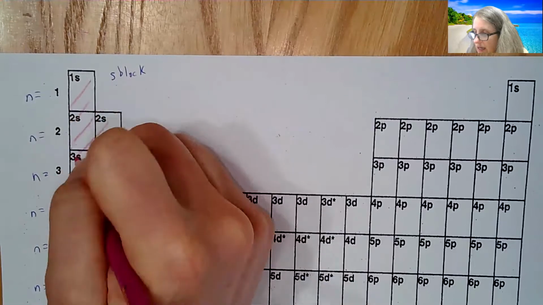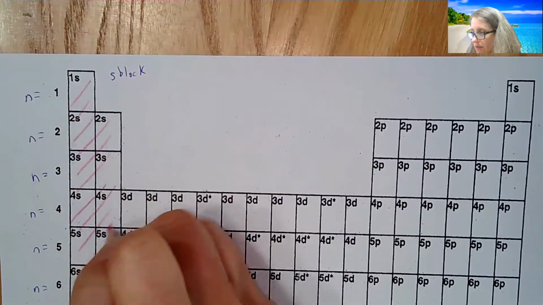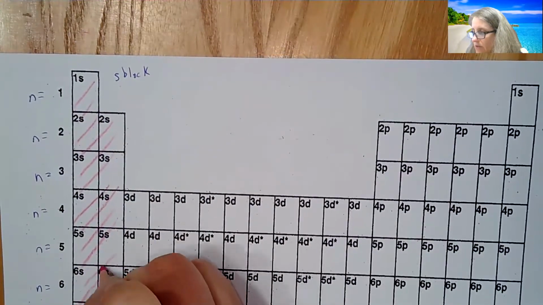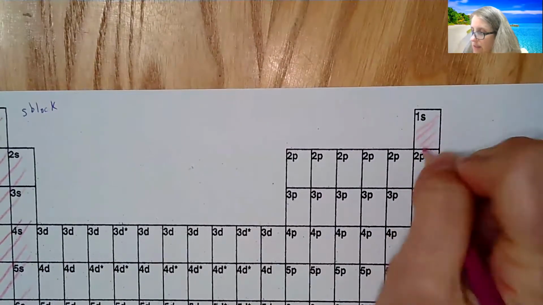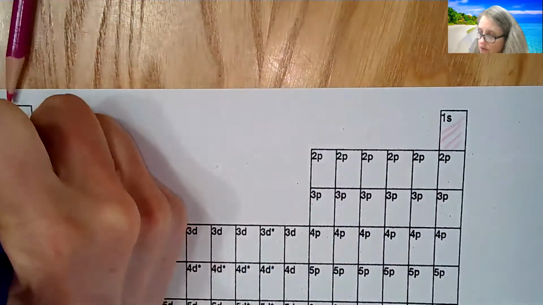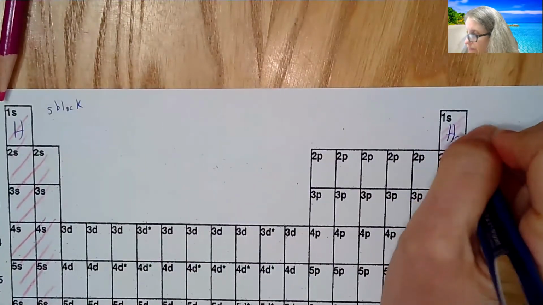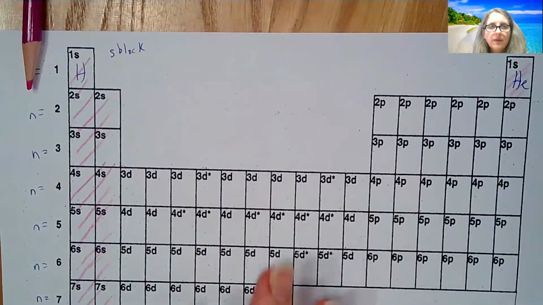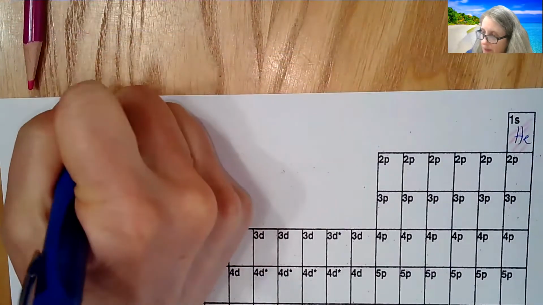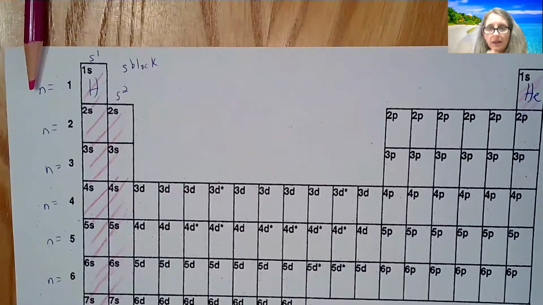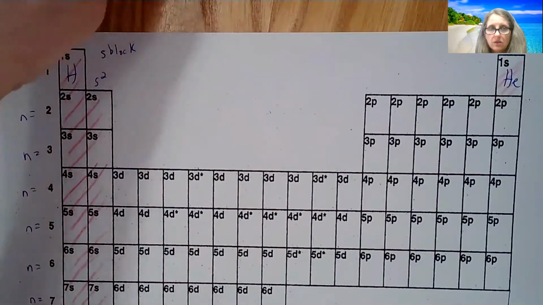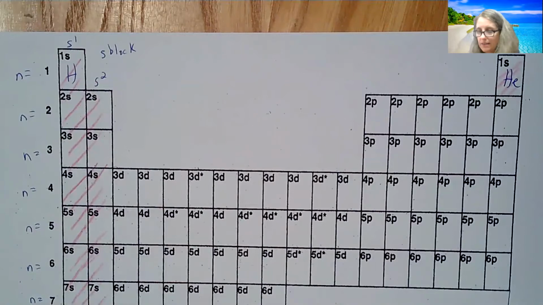So just take a color and color those in. And don't forget there is one over here on the right, so you want to color in this. This is hydrogen and this is helium, okay? So you could label that, and if you want, label the top column S1 and S2 as a subscript, and that will make a little bit more sense here in a second, so just keep that in mind.